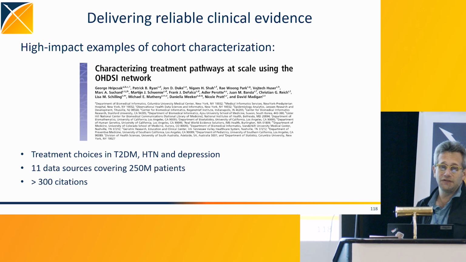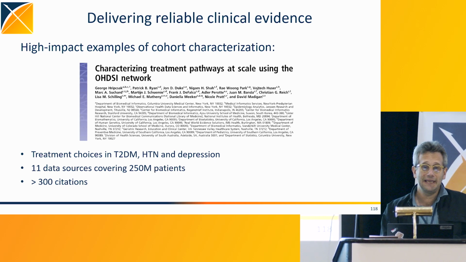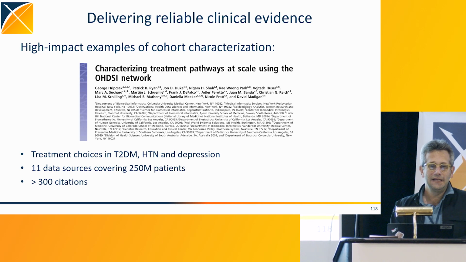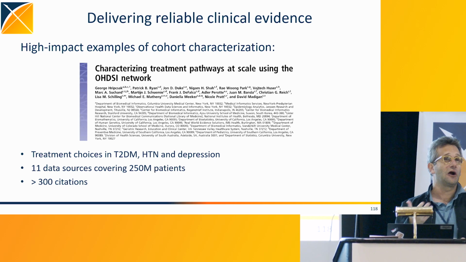The first of those is related to clinical characterization, and I'd like to remind you of this paper that George led now almost a decade ago, using cohort characterization for the first time at scale across the globe to ask a question about what are the different treatments that people are using when they are first diagnosed, in this particular case, with hypertension, depression, or diabetes.